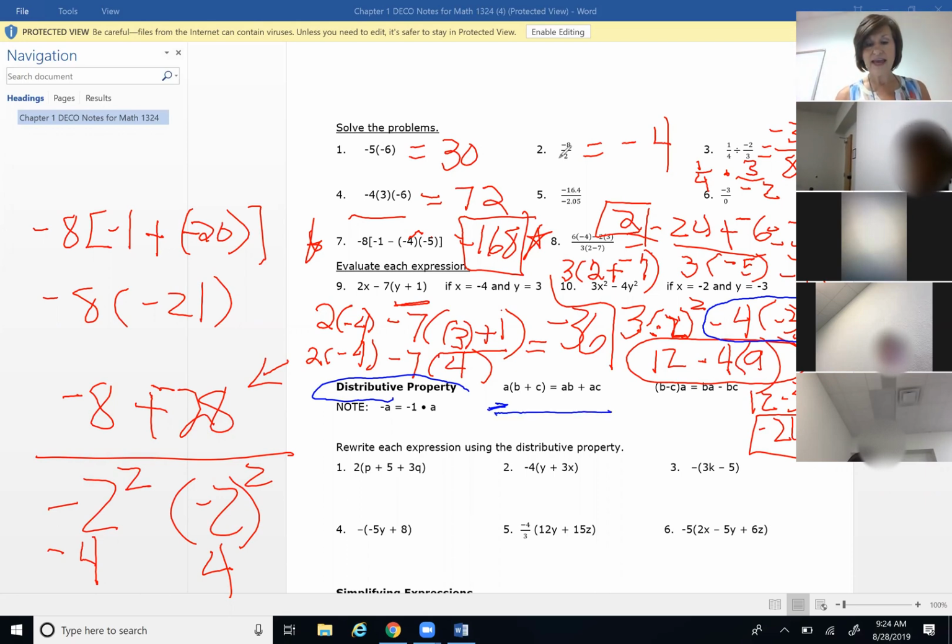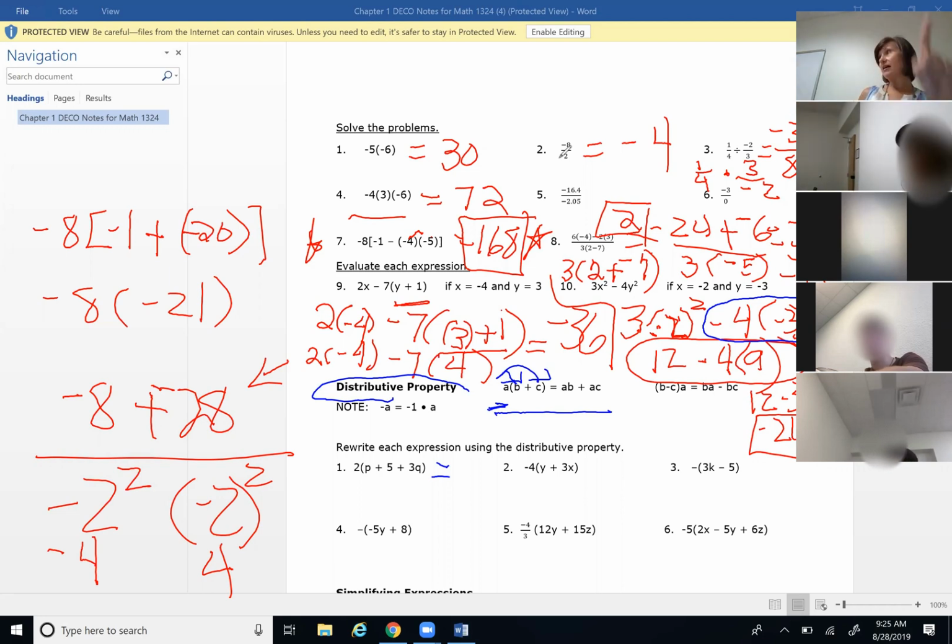You got to multiply the A times the first term, which is B, write that down, plus whatever that sign is, bring it over, and then multiply that A times the second term, which was C. If there's a subtraction sign between them, you're going to keep the subtraction sign. And it doesn't matter if what is outside the parentheses actually comes in front of it or comes at the end, it still has to distribute times everything in the parentheses.